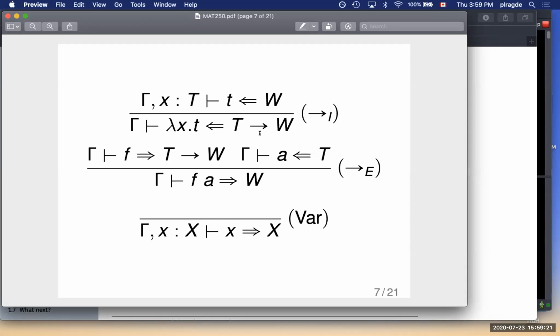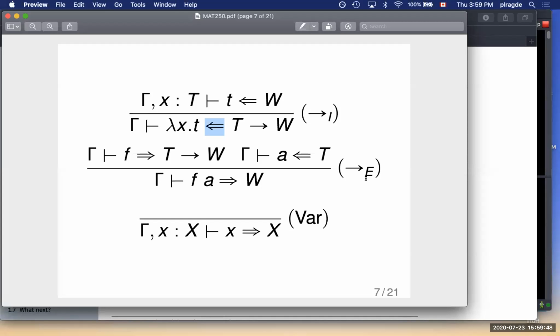Okay, so now we have two synthesis rules and one checking rule. This is not a complete set, right? Because we have two concepts, checking and synthesis, and we have three constructs in the lambda calculus, we should have 6 rules.